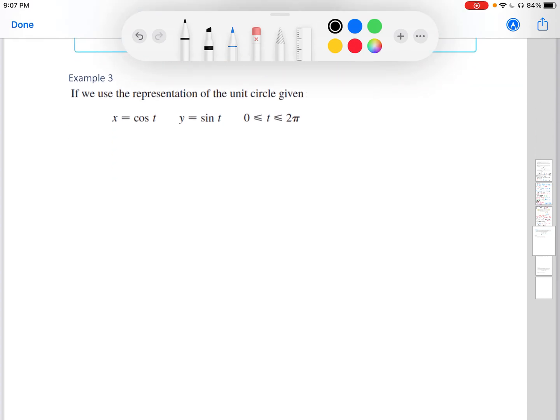All right. Example 4, if we use our representation of the unit circle given, find the arc length. All right, so our formula is L is equal to, now we're given from 2 pi to 0, the square root of.